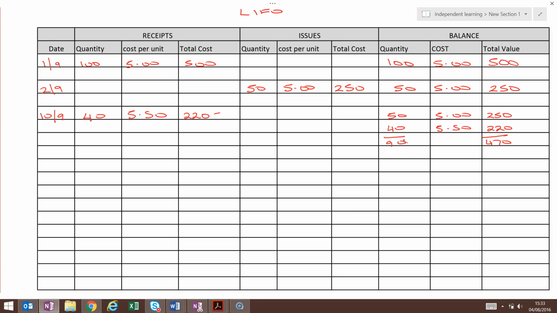However, with the next transaction on the 20th of September, this is where we see a difference. So the 20th of September, we issued 60 units, but we're doing last in, first out. So in that issue column, 60 units, our last delivery was this one, these 40, so those are what we're going to issue.